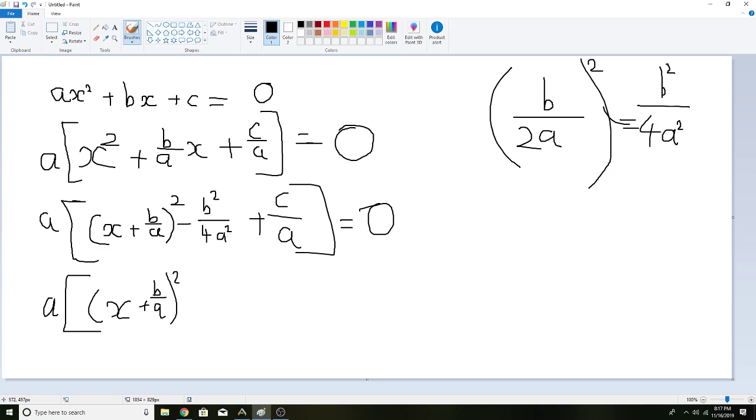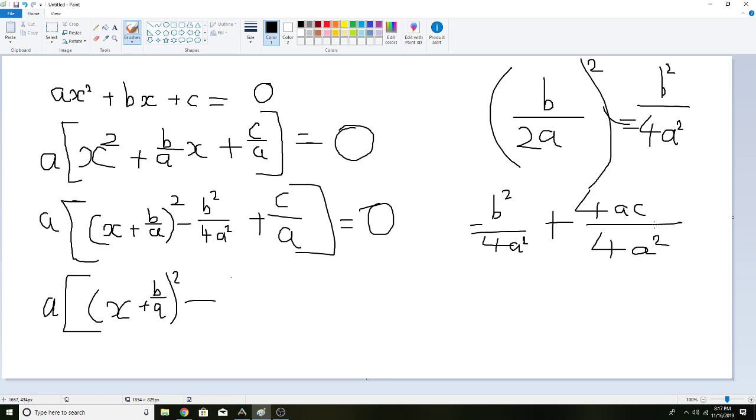So I multiply it by 4a, because a times a is a squared, and then times by 4 makes it 4a squared. But remember, I have to do the top as well as the bottom. I'll just show it on this side, so you know what I'm talking about. So b squared over 4a squared plus, it'll be 4a c over 4a squared.